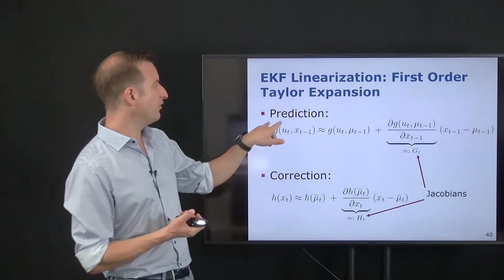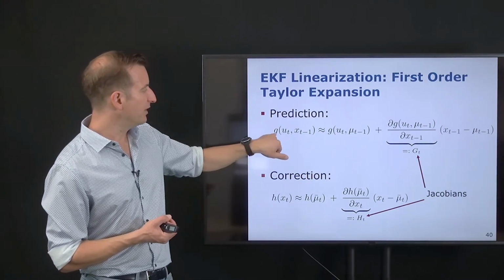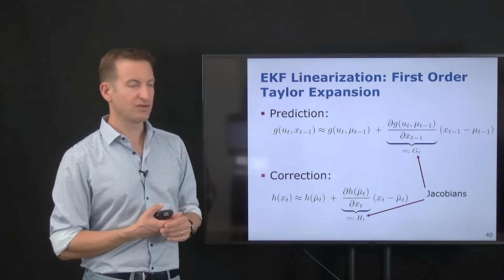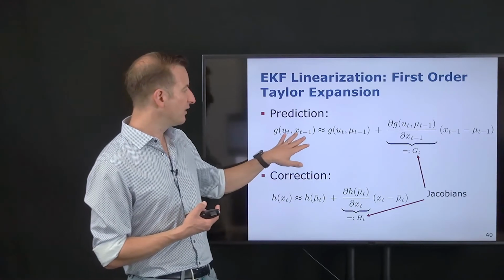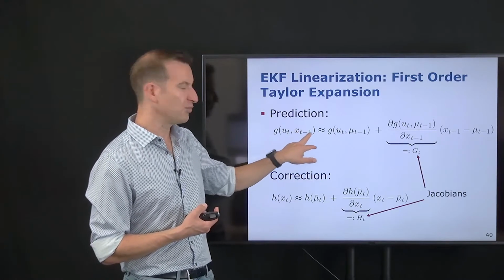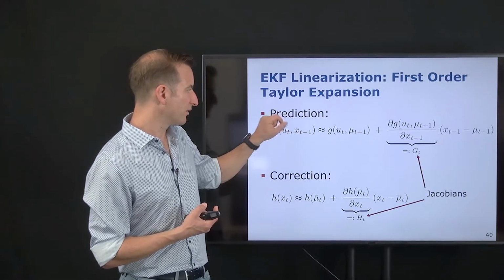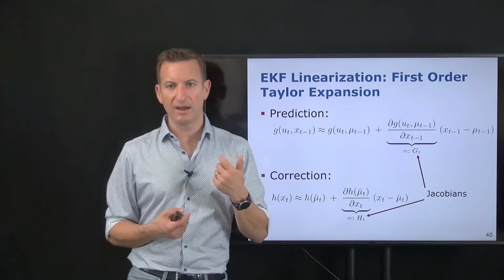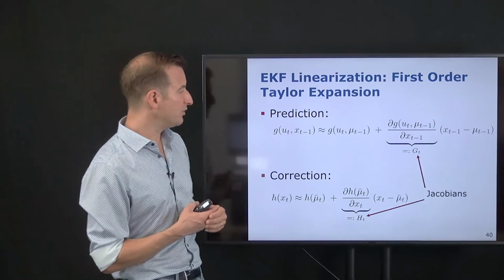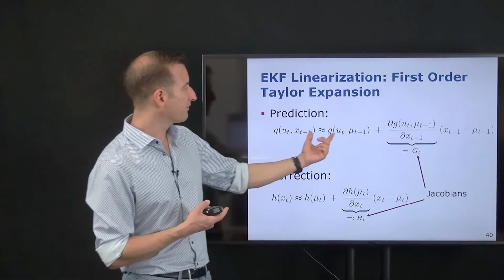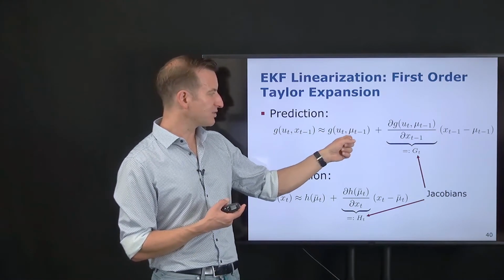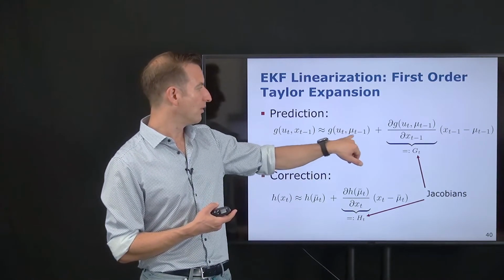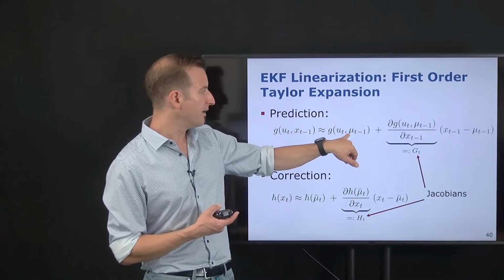So how does it work? If we look at our prediction model over here, we have our nonlinear function g with the parameters u_t and x_{t-1}. We need to take into account how far we are away with our new estimate given our previous belief. So we start by evaluating the function at the linearization point, which is our previous mean.